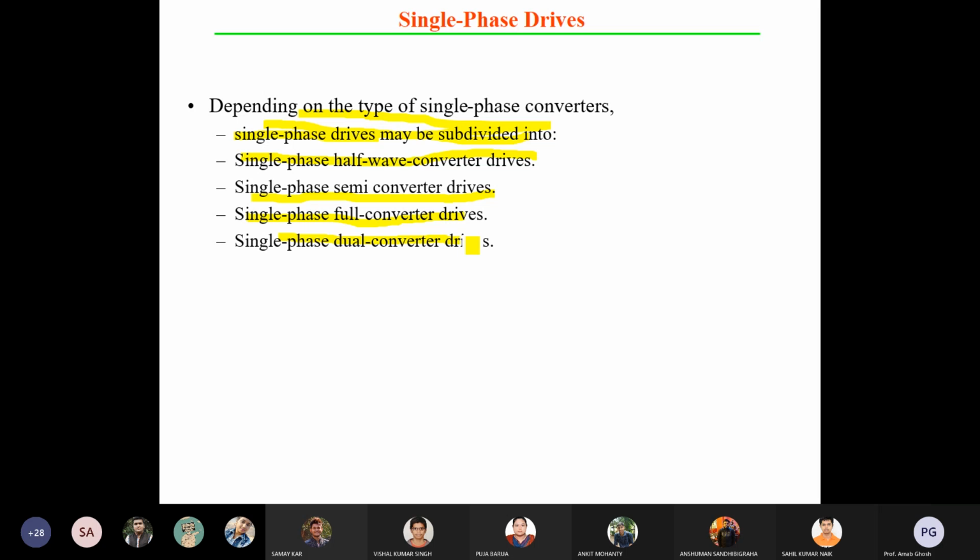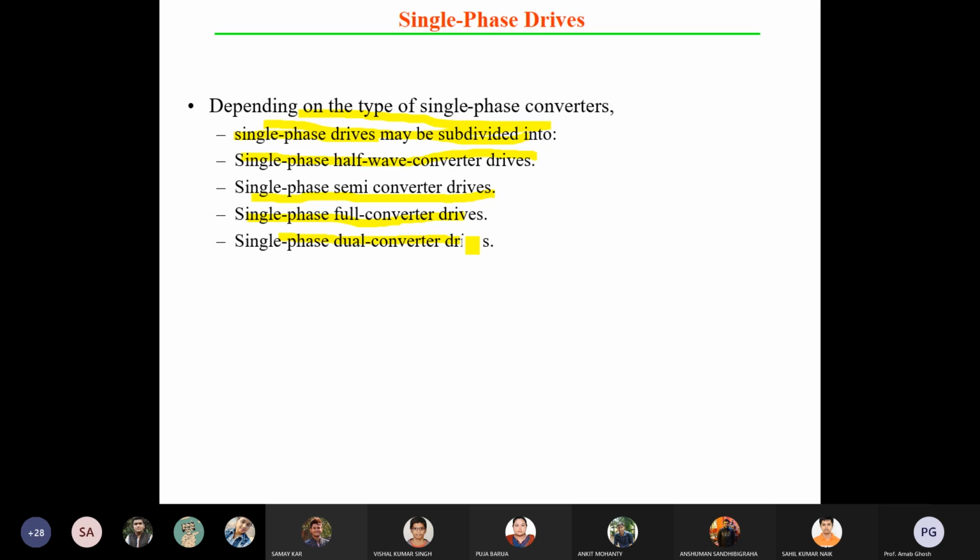Suppose half wave means only one part of your cycle you are working on. For full wave, both parts of the cycle you can convert to rectified DC, and after that you can control them. But in case of a dual converter, both motoring operation as well as generating and braking operations are possible.